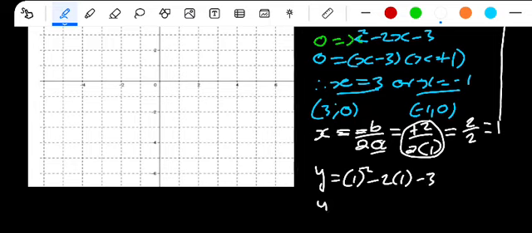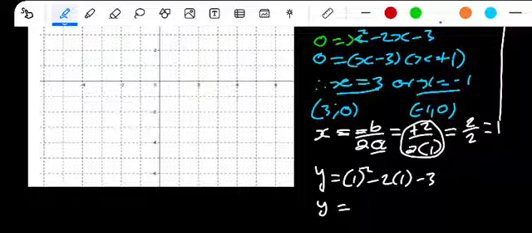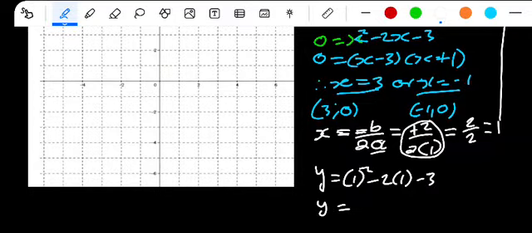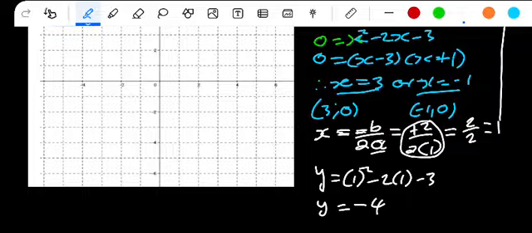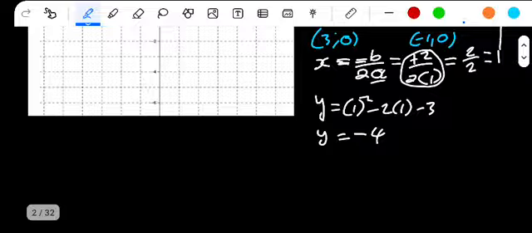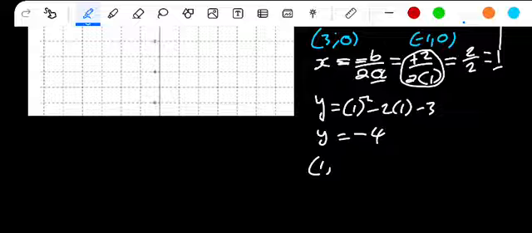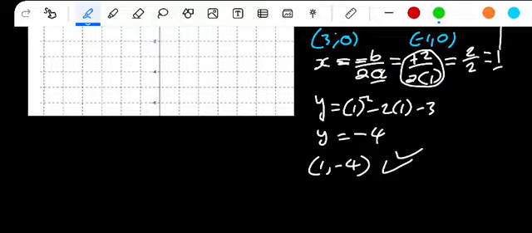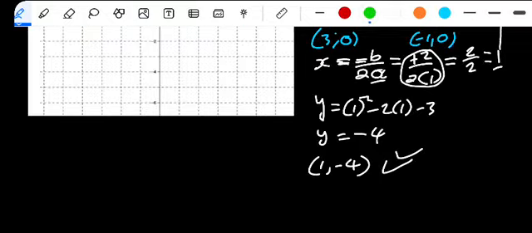So what will y be? We'll have -4. So the coordinates of our turning point are x equals 1 and y equals -4. So we have everything now and we can sketch this.